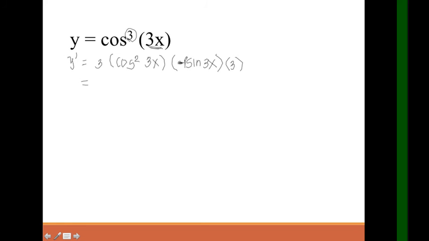So that's negative 1. Kung natatandaan yung previous example ko, di ba? I said it's negative 1. So negative 1, maglagay tayo ng bracket dito. So negative 1 times 3 times 3, it's negative 9. And then una syempre si sine 3x, just copy. Then just copy this one. So that's cosine squared 3x. So that will be our final answer for this example. So we have the derivative of y equals cosine cubed 3x is equal to negative 9 sine 3x cosine squared 3x.